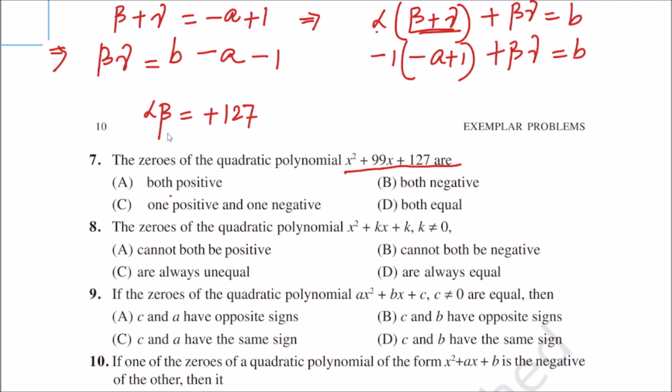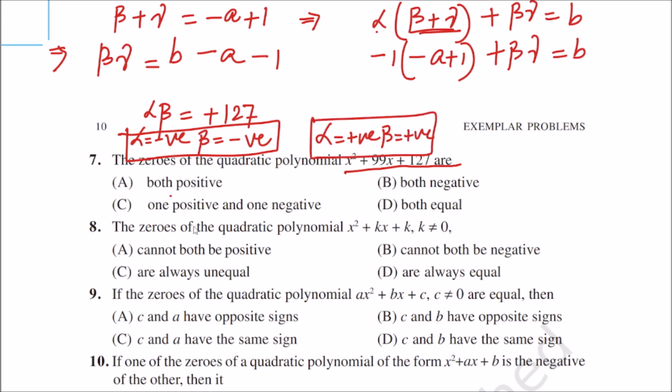What does it mean? Either they are both negative, then only I'll get positive, or alpha is positive, beta is also positive. That means either they are both positive or they are both negative.